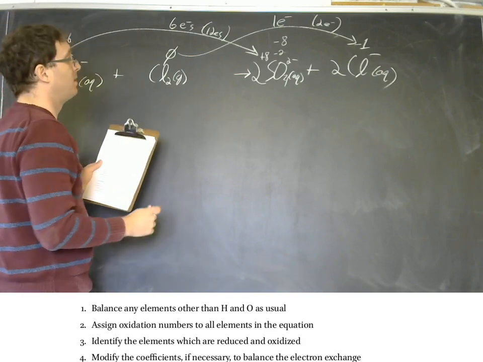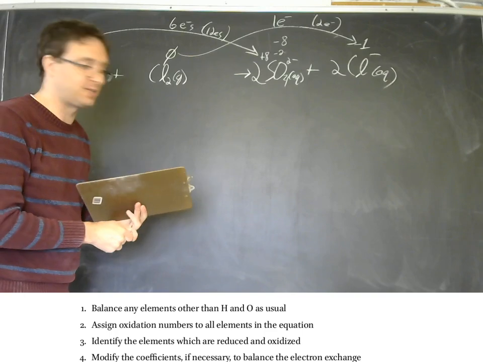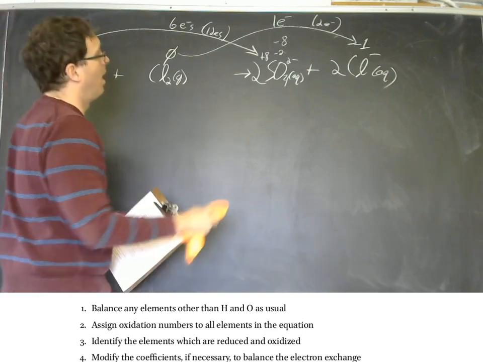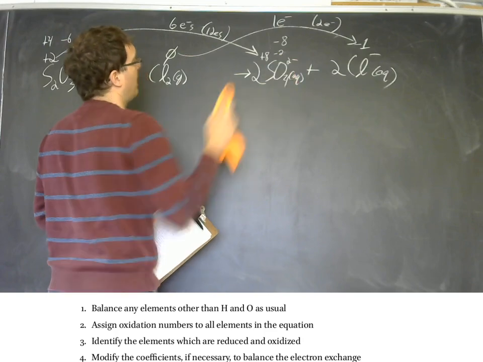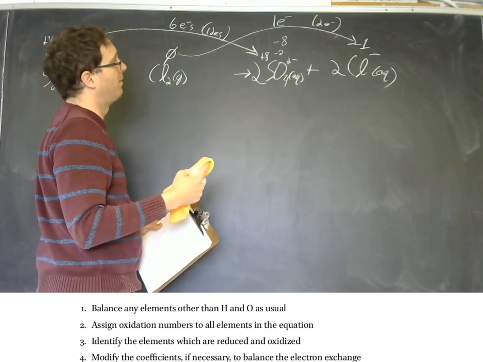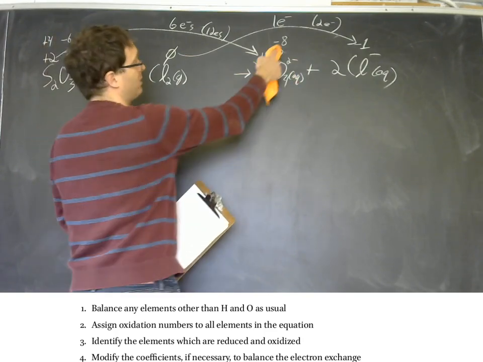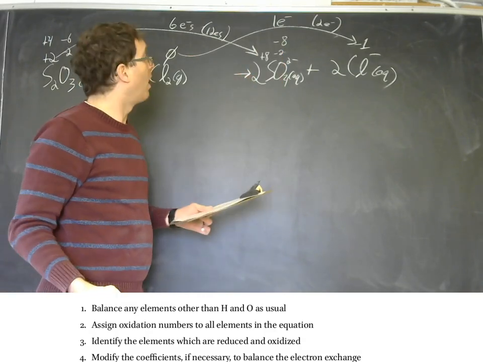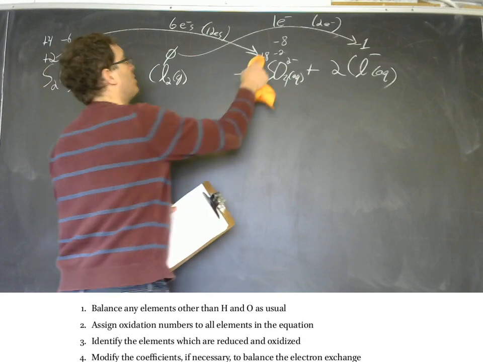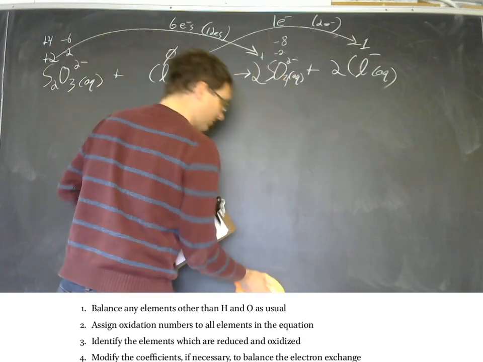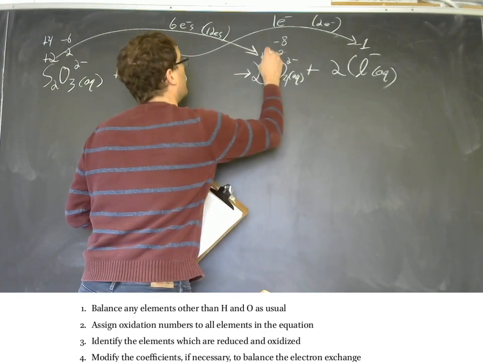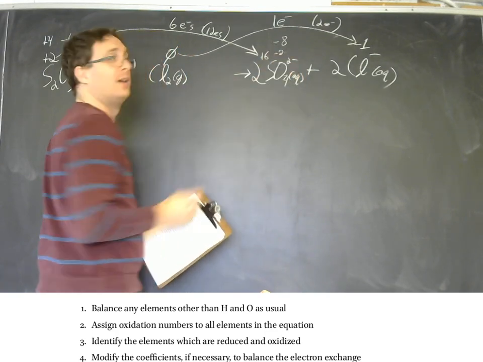Hold up. I made a terrible mistake. Sorry, I should have looked at my notes earlier. This sulfate ion is not neutral, and so if it has a total sum of oxidation numbers from the oxygen of -8, the sulfur is going to be a +6 in order to make the overall charge be 2-.